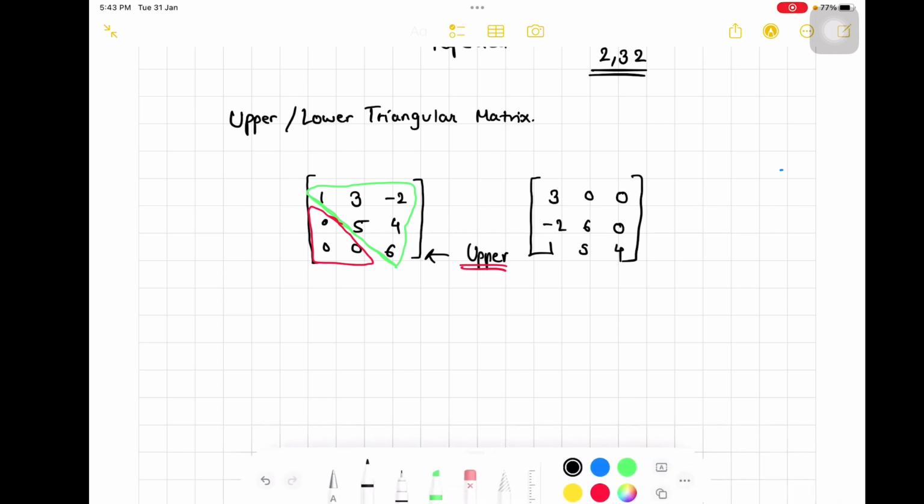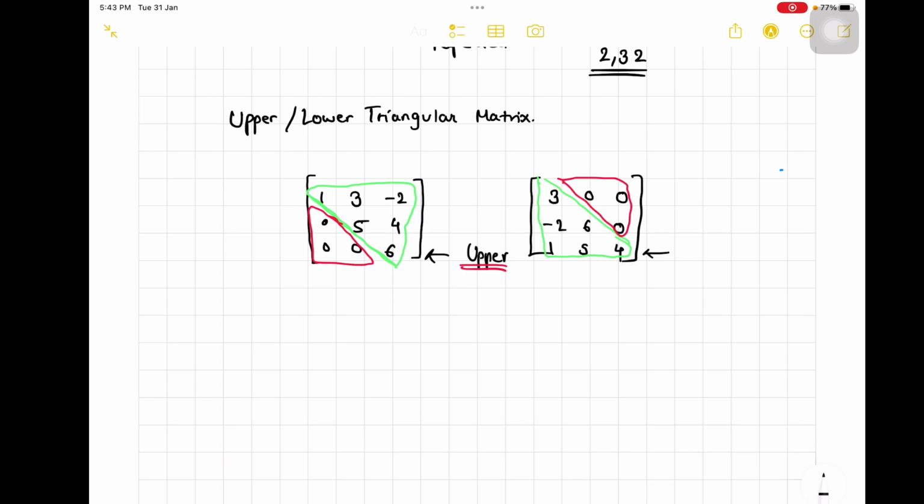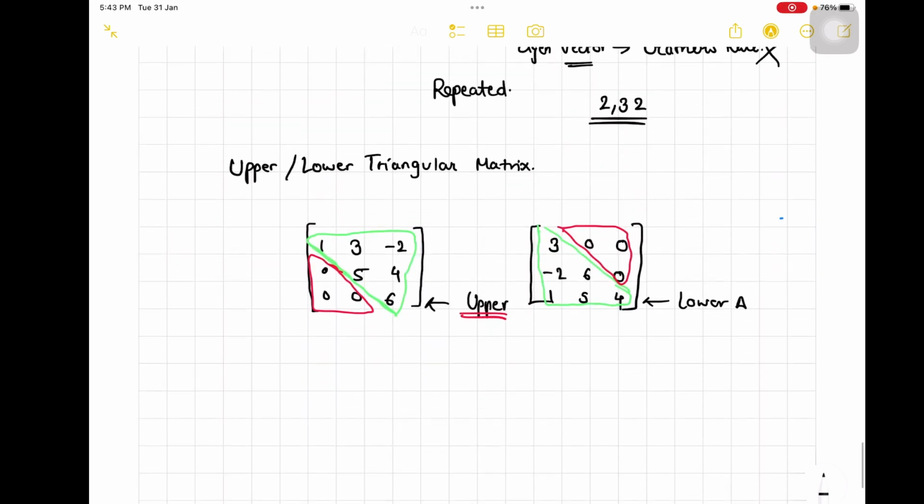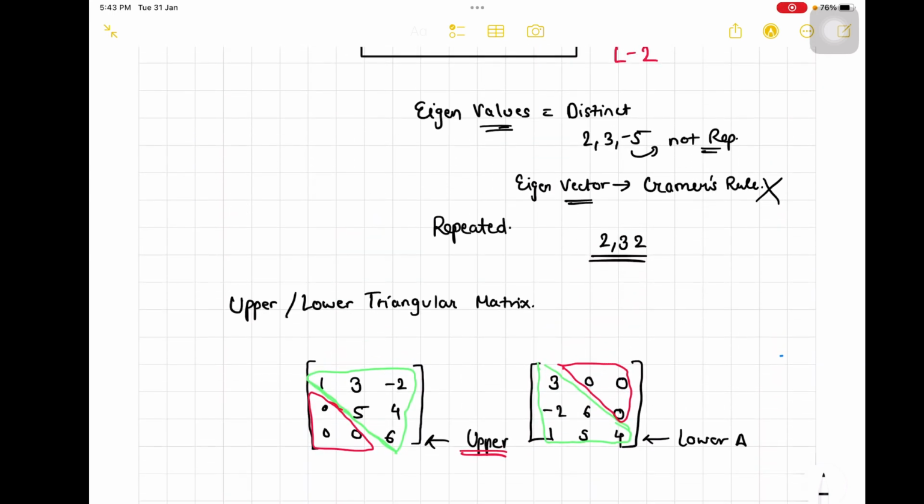So this is an example of a lower triangular matrix because all the elements are in the lower half of the matrix and the zeros are in the upper half. So this is known as a lower triangular matrix. So if you understood this, let us start with solving questions where the eigenvalues will be repeated.